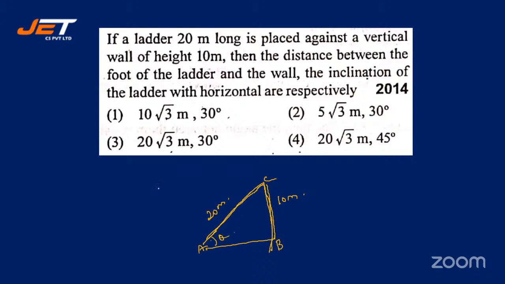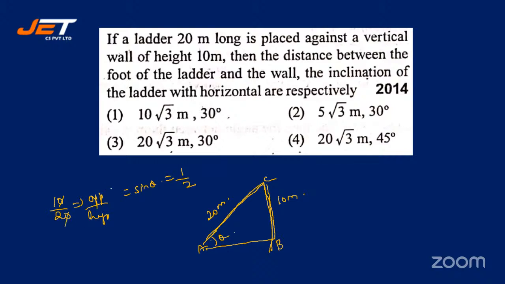Opposite side by hypotenuse, right? So it is 10 by 20. Of course, opposite side by hypotenuse is supposed to be sine, right? It should be sine theta. So sine theta is half. So when you cancel, what is sine of half?